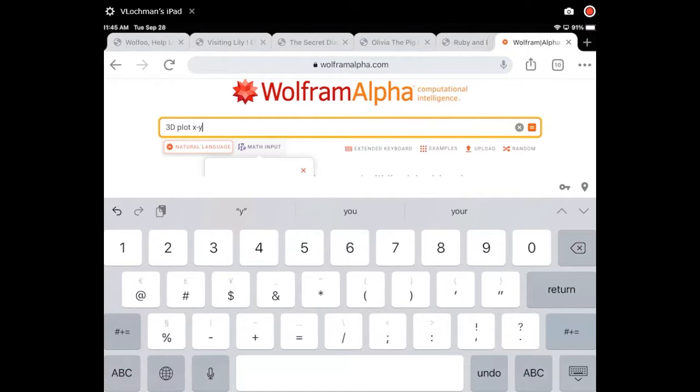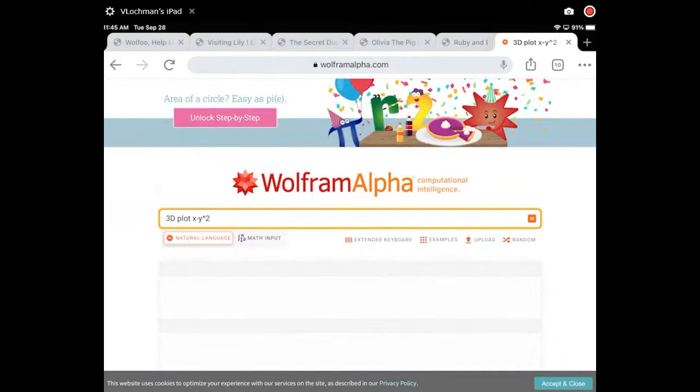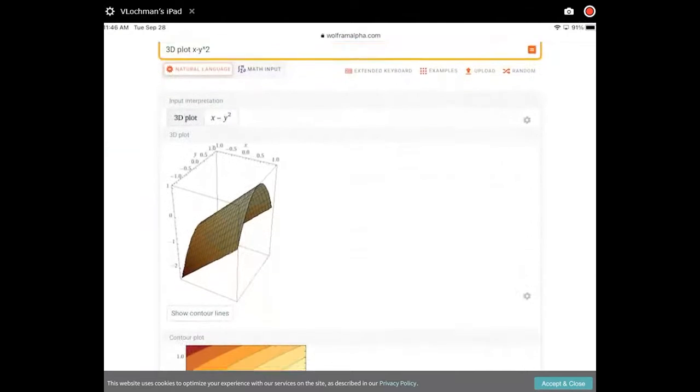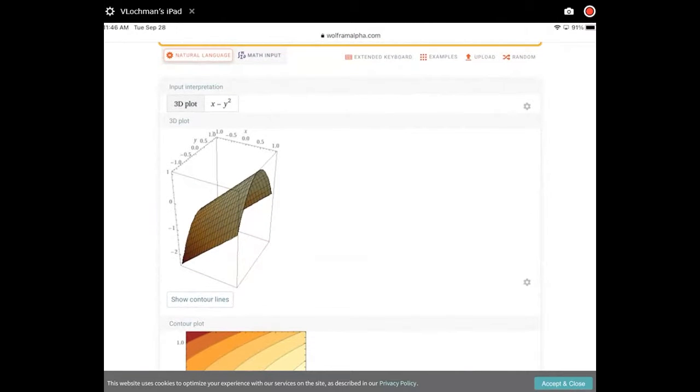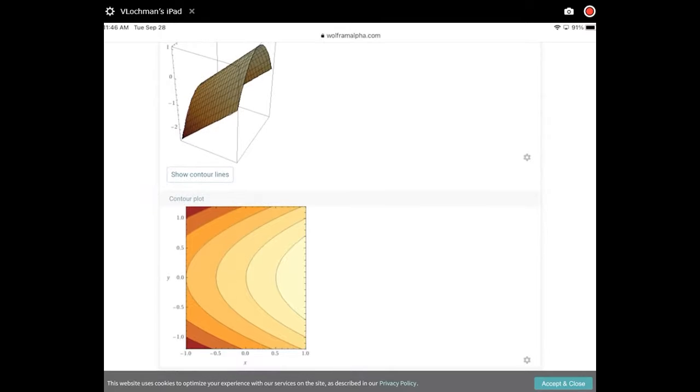Wolfram Alpha is really nice about reading math, even though it might not be typed in correctly, so it will kind of guess what it is that you want to type in. And now here we can see what the actual plot is, right? So x minus y squared, that's the surface that we kind of got an idea of what it looks like with our level curves. And here they color code.